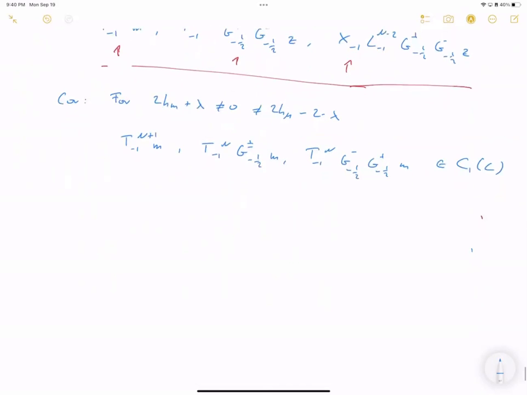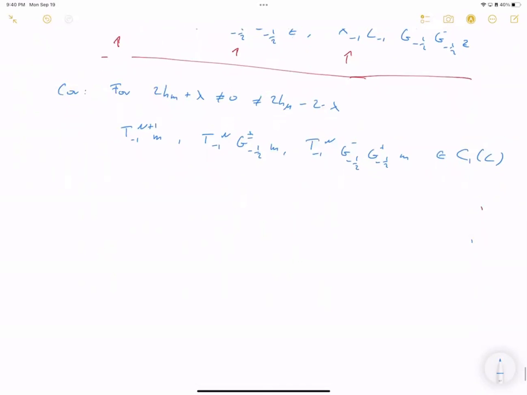Here by M I denote the image in the simple quotient of M. In other words, this simple quotient needs to be C1 cofinite.